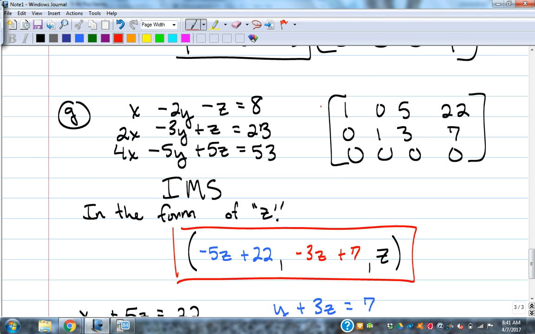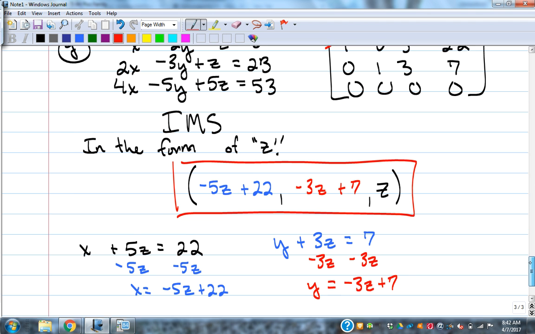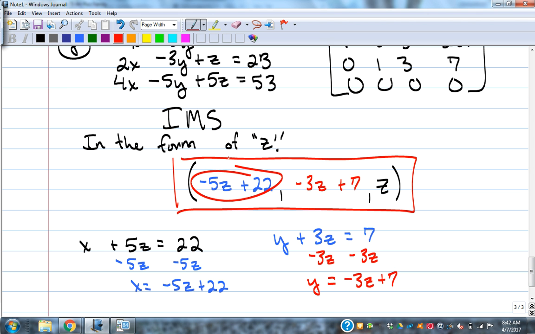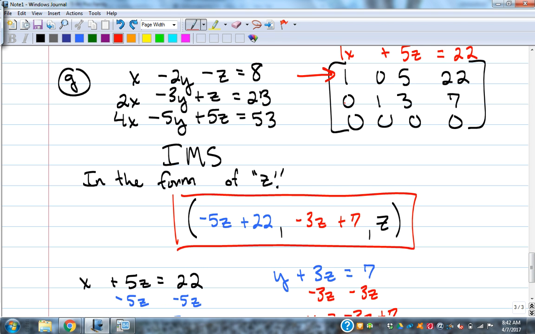The first row is 1x plus 5z equals 22. That's what that row tells you, and that's how I'm getting this. It's 0 times y, so it just cancels itself out. Just leave the zeros out.